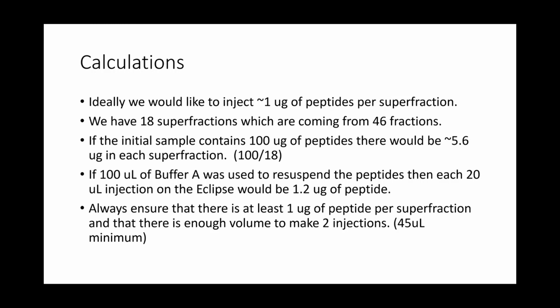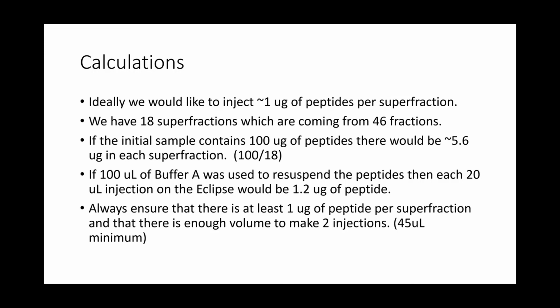Okay, so if 100 microliters of buffer A, which is our aqueous solvent acidified with 0.1% formic acid, was used to resuspend the peptides, then each 20 microliter injection on the Eclipse would be 1.2 micrograms of peptide. Did you get that? So if I use 100 microliters of buffer A to do that resuspension of those 18 superfractions, then I'm going to have 1.2 micrograms injected every time I inject in a 20 microliter sample loop.